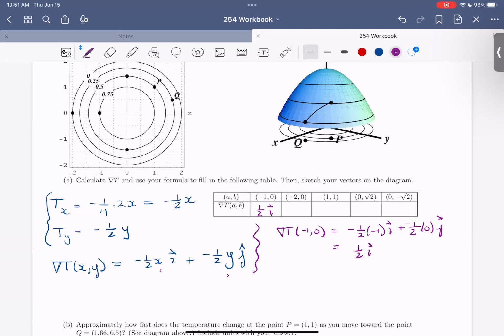Let's do one more together here. Let's look at when x is -2 and y is 0. The gradient of T at (-2, 0) is going to be -1/2 times -2 i plus -1/2 times 0 j, which in the end, the negatives cancel, the 2's cancel, and will just be i, and our j is just 0. So this will just be i.